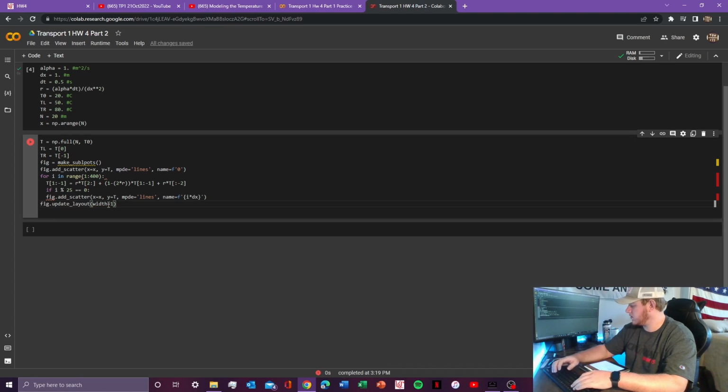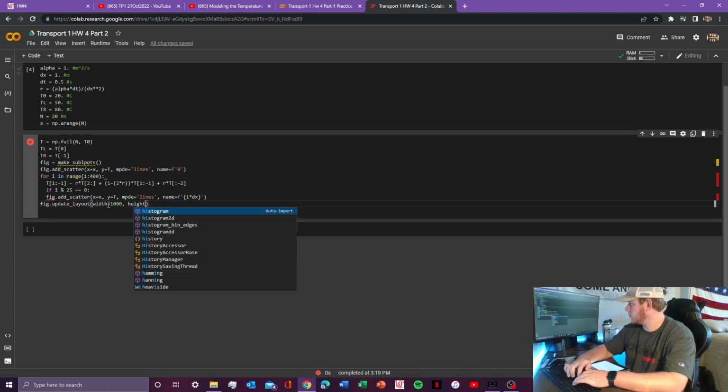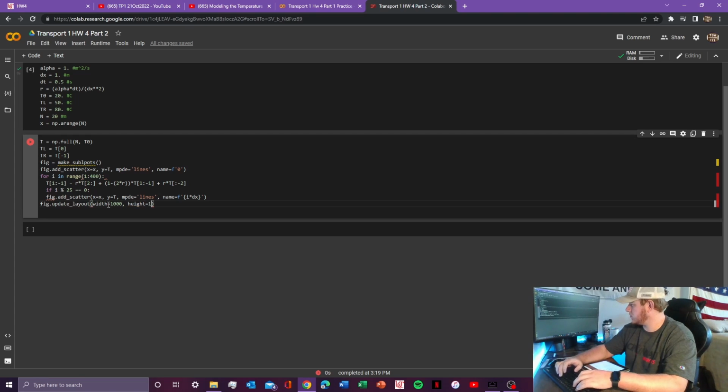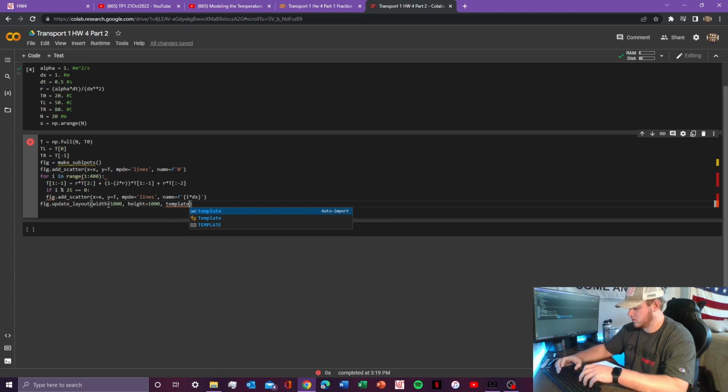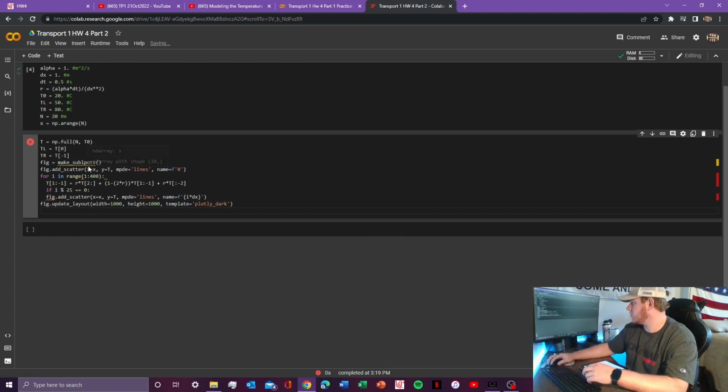Width, we're gonna make 1,000. Height, we're gonna make 1,000. And then template, we're just gonna make this dark because it's on a dark background anyway. And then I can't spell, that would be the reason.